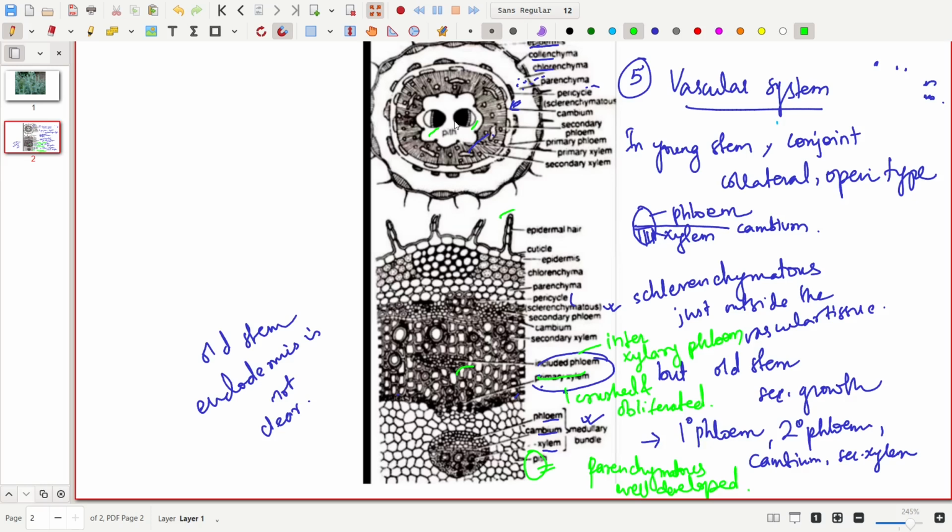They are conjoint, collateral, open and endarch type, as mentioned already. Next, the phloem of the secondary bundles appears in the form of patches. It should be outside the xylem, but it is present inside the xylem and is crushed. This kind of phloem is known as included or interxylary phloem, an anomalous structure seen here.